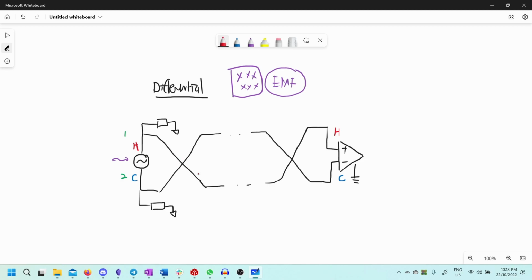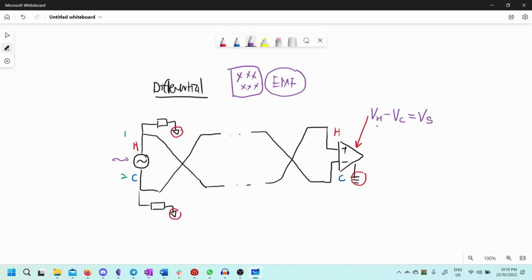Now, whatever voltage difference manifests itself between the ground at this location and the ground of the receiver doesn't matter, because what this amp cares about is essentially V at the hot minus V at the cold. This is going to equal the voltage of the signal source regardless of whatever the ground potentials at this end and this end are.